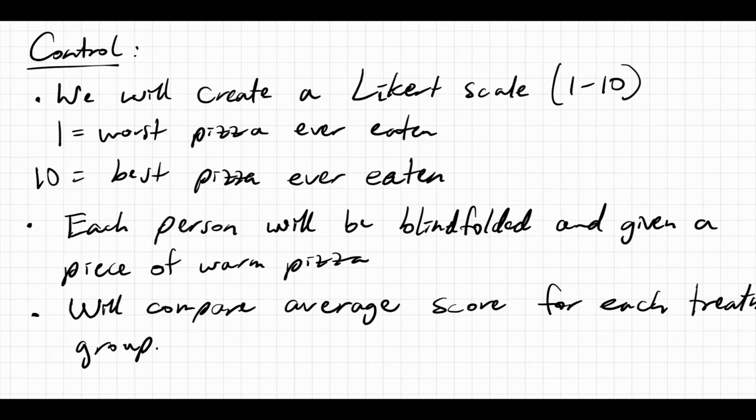So everyone will have a whole bunch of numbers. Then I'm going to compare the average score for each treatment. The average person who ate the pizzeria pizza, what was their average score? The average person who had the frozen pizza, what was their average score? And compare their averages. Okay, that's what I'm going to do.